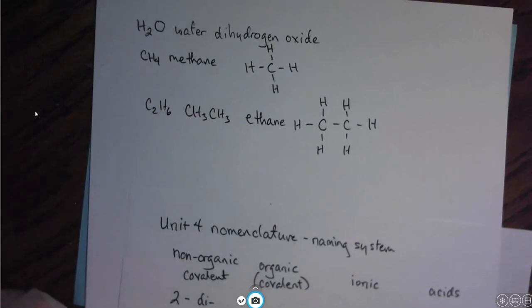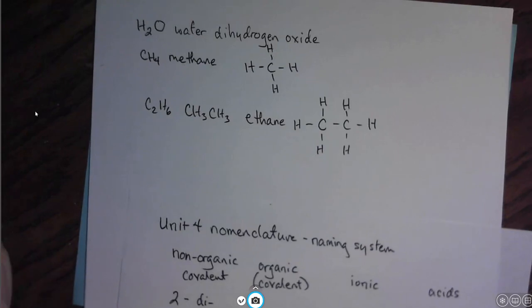The root names in organic covalent, or just organic, only apply to the number of carbons. There are other prefixes for the number of other atoms, but we don't even get into that in here. Right now we're just dealing with those root names.